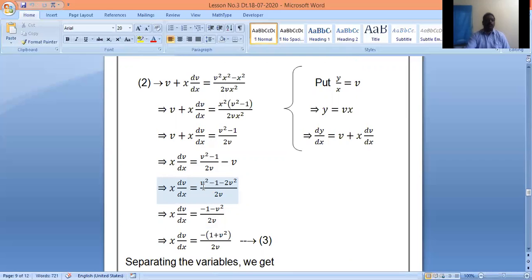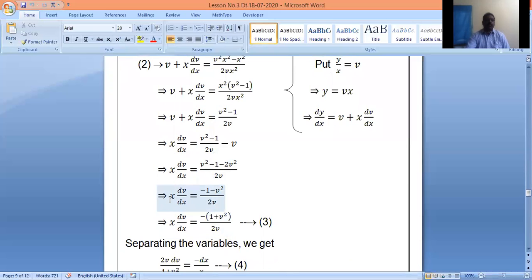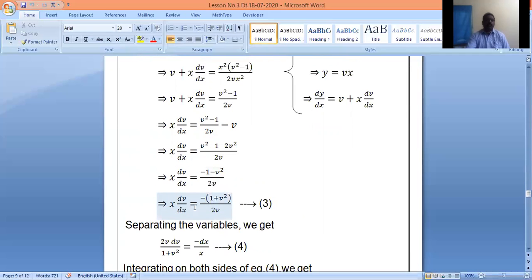Here v square minus 2v square, we get minus v square. Therefore, that implies x dv by dx is equal to minus 1 minus v square by 2v. That implies x dv by dx, by taking minus common from the numerator, we get minus into 1 plus v square by 2v. Let this equation be 3.